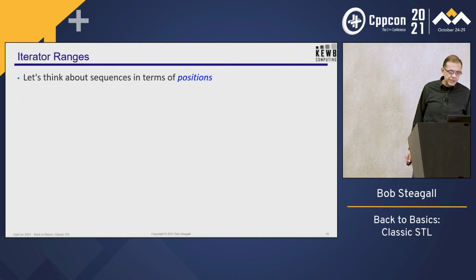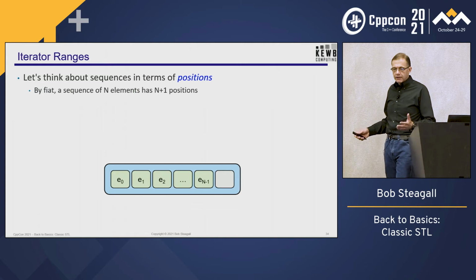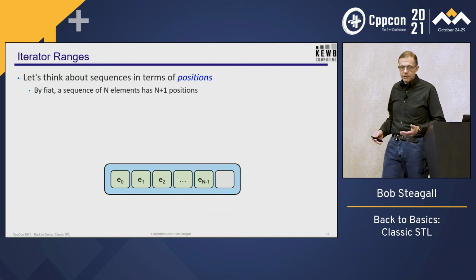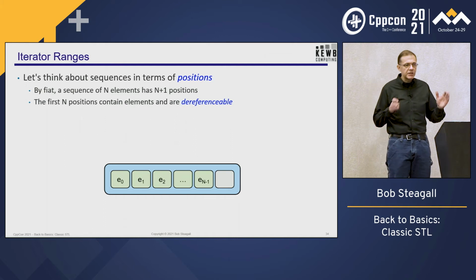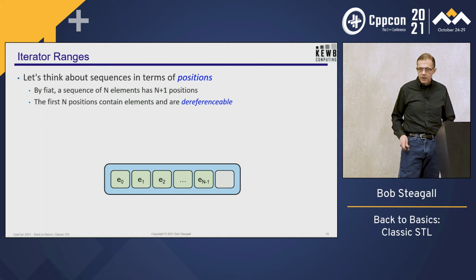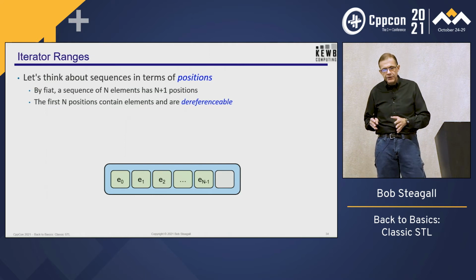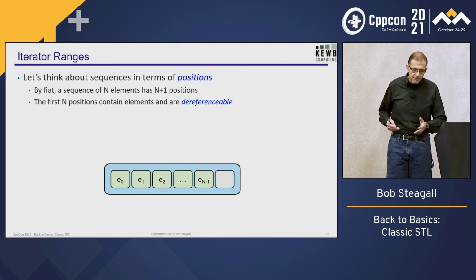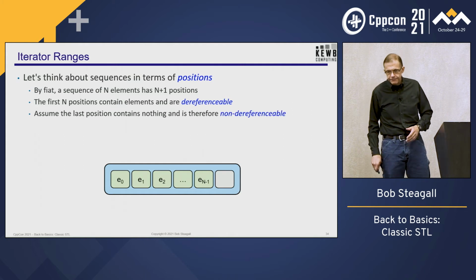So let's think about sequences then. Think about sequences in terms of positions. By fiat, let's say that a sequence of n elements has n plus 1 positions in it. And the first n positions of that sequence contain elements and they are dereferenceable. We can refer to them, we can dereference them, and by dereferencing them, we can read the values of those elements.